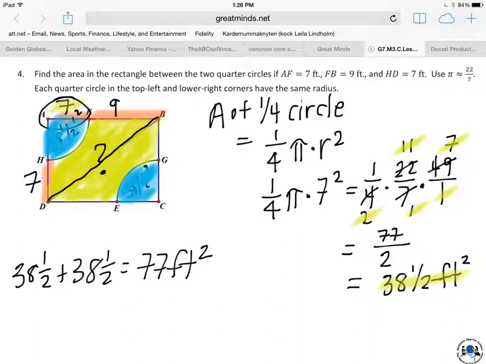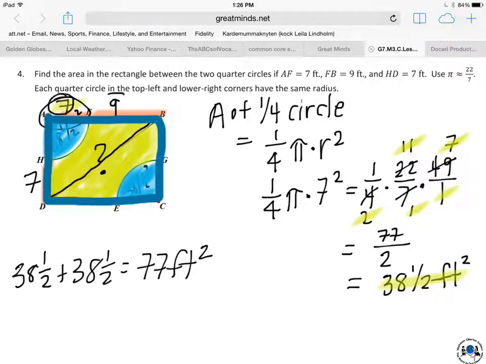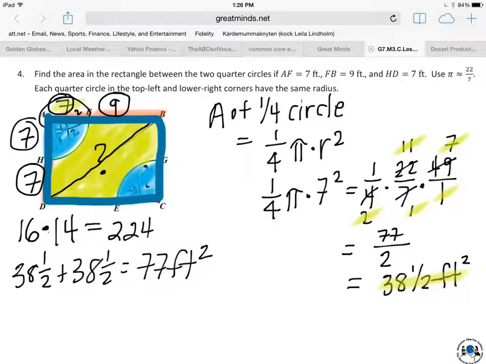Therefore we need to take those away. Again, we can't do anything with that silly looking shape in the middle, a kite looking shape, but we can figure out the area of the entire rectangle using some key bits of information, the length and the width, or the base and the height. We had 7 and 9, and that was 16 for our base or our length. 7 plus 7 is 14.